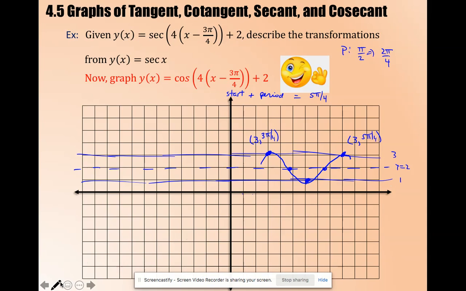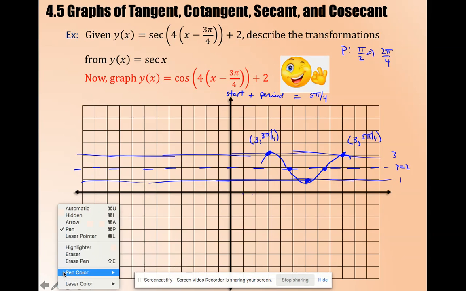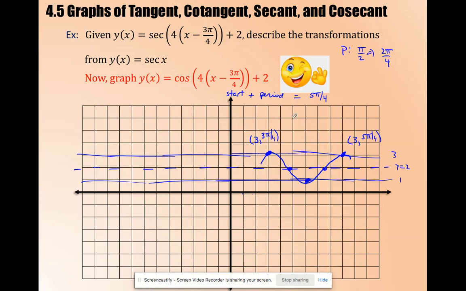My secant graph, though, is going to have a vertical asymptote through every sinusoidal hit. And what used to be a max is going to be a min. What used to be a min is going to be a max.